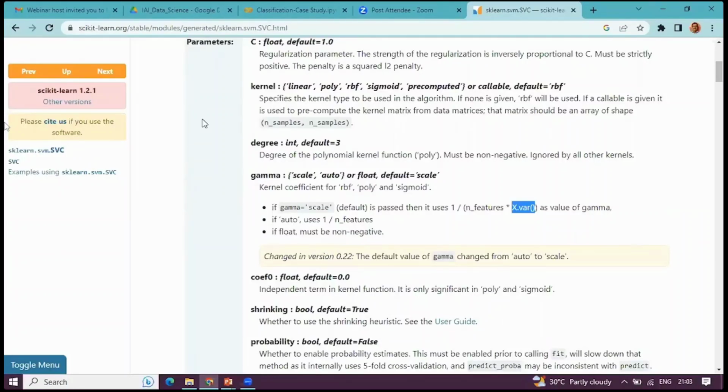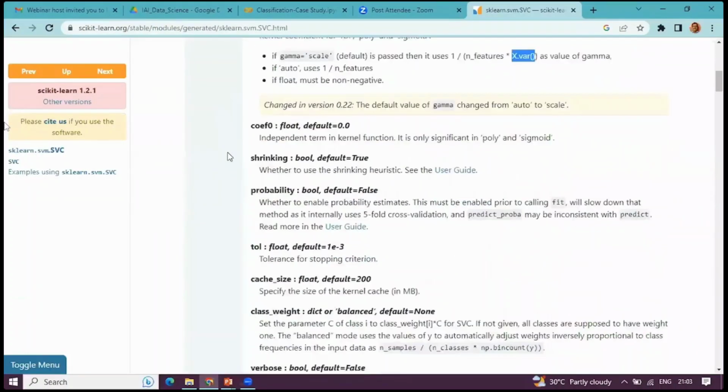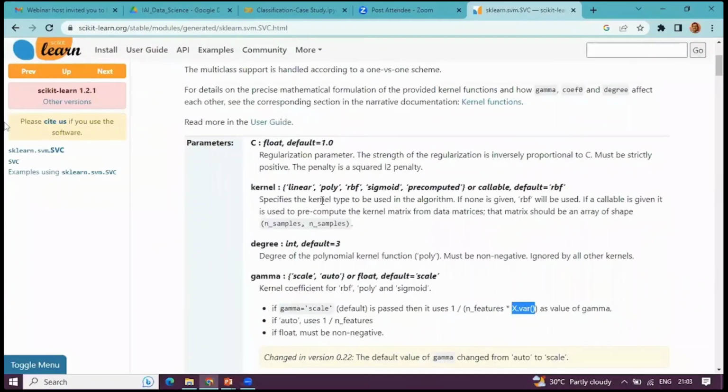So these are the 3 major hyperparameters that come into the picture, right? And in case you are going for a polynomial, then you can plan out your degrees separately. So there could be another hyperparameter as well.